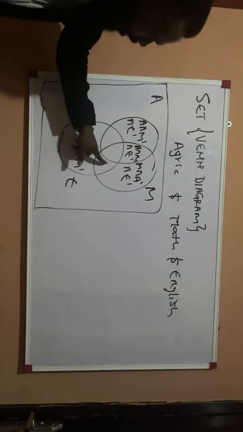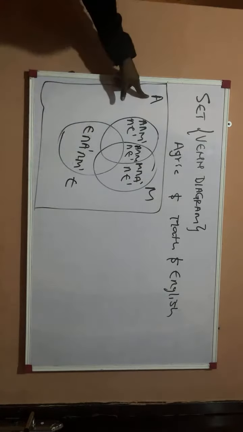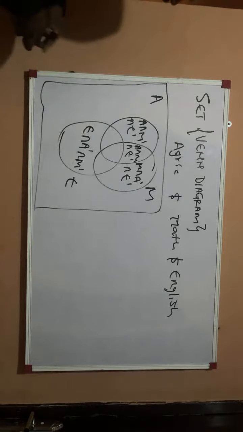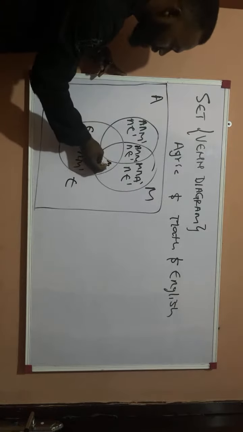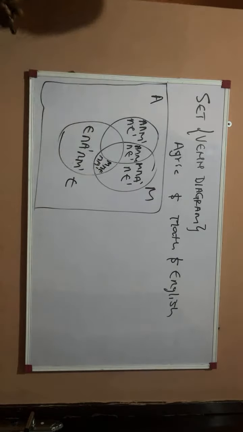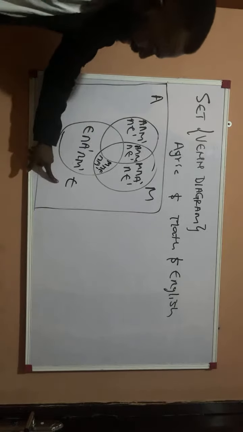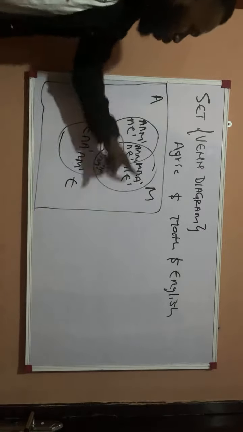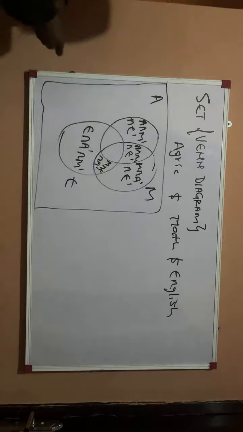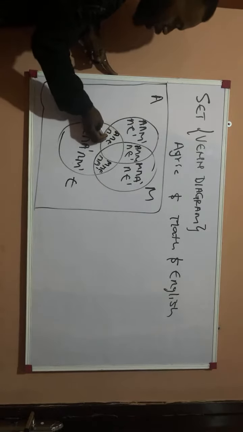Okay, now also this place talks about mathematics and English only. They don't offer Greek. So here becomes math and English, but they don't offer what? Greek. And lastly, this place talks about Greek and English only. They don't offer what? Mathematics. So here becomes Greek and English, but they don't offer what?